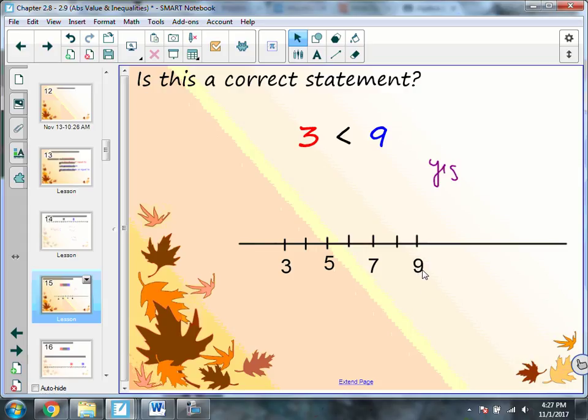This is true because if we graph each of these, here's our 3 and here's our 9. Less than, in terms of our number line, means that 3 is to the left of 9. So 3 is less than 9.